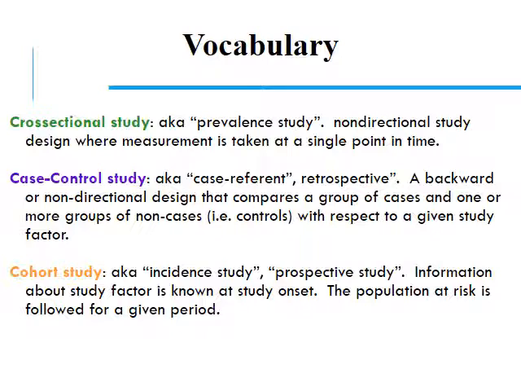So you can look at it as, if I want to know among individuals who have osteoporosis whether or not they have been taking bisphosphonates for strengthening their bone health, I would find a group of individuals both with and without osteoporosis, and I would look backwards to see between the osteoporosis group and the control group who took more bisphosphonates and who has the greater bone density and other things.